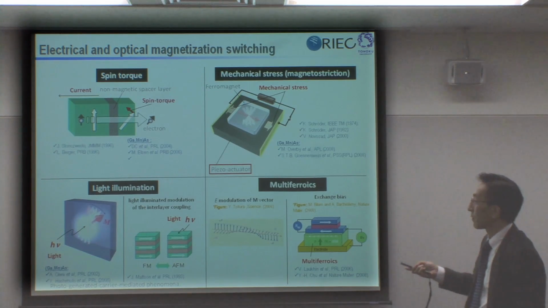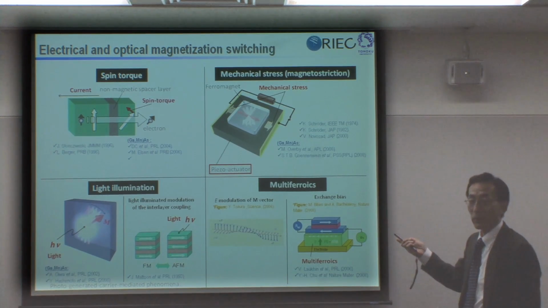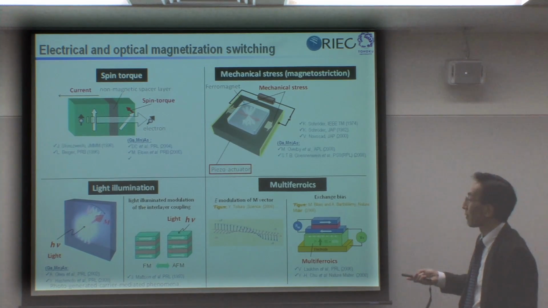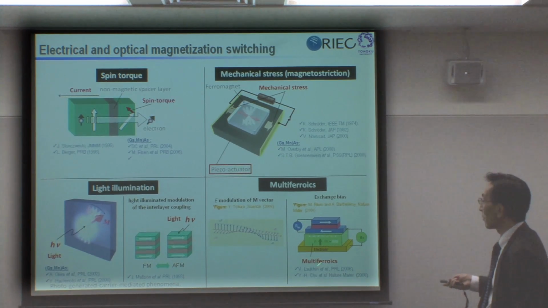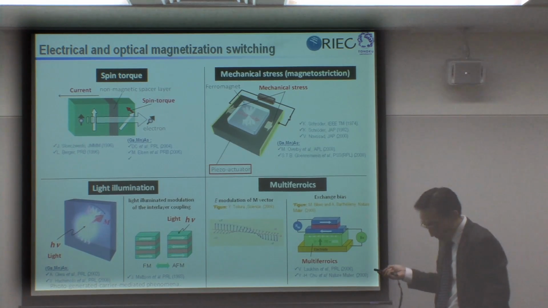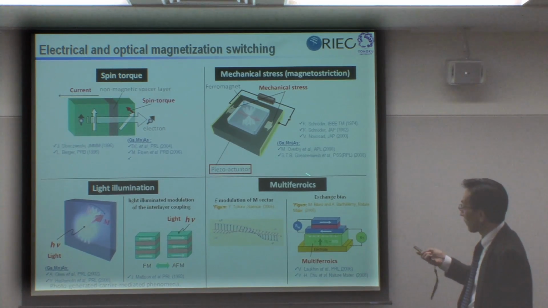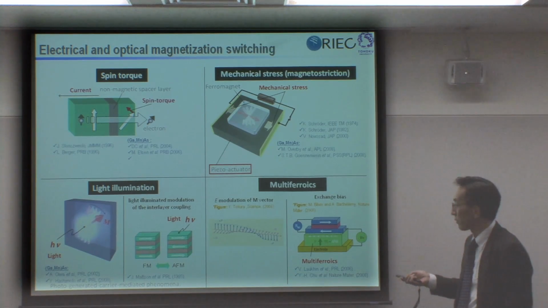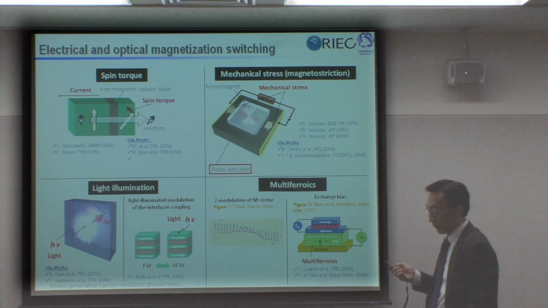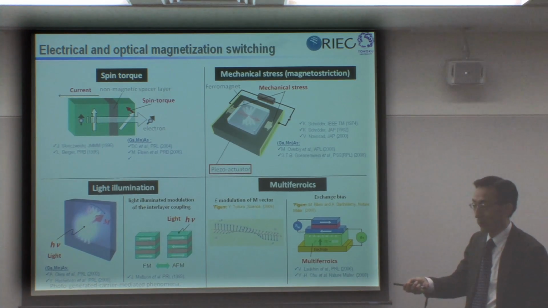And there are many other proposed ways of doing magnetization switching, like using mechanical stress, light illumination, or using multiferroics.